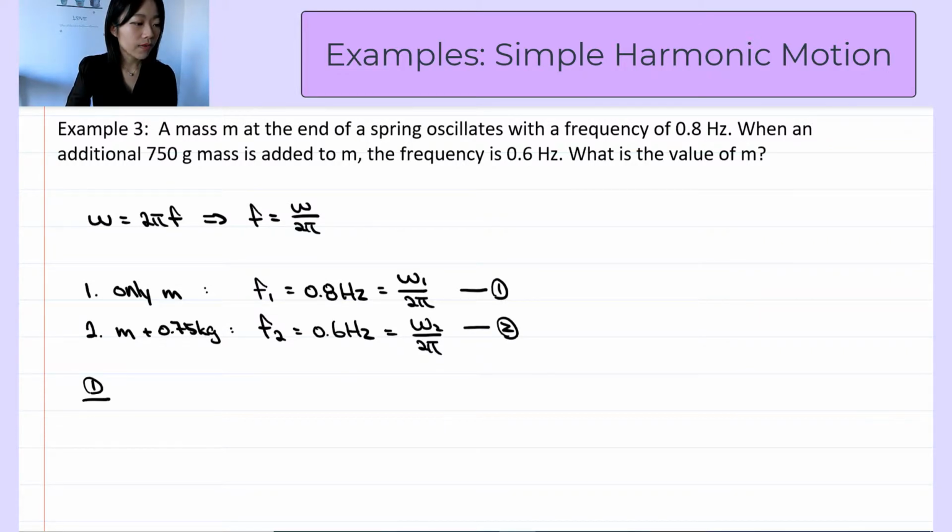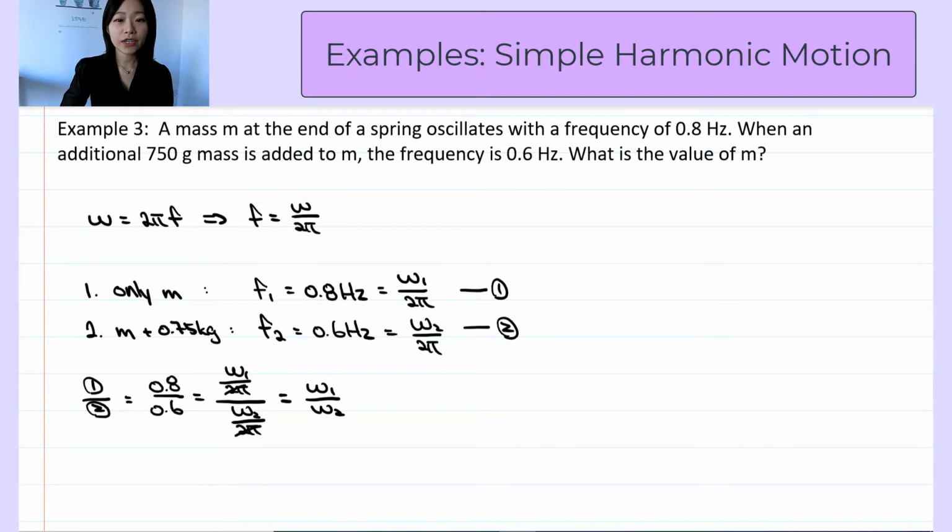Equation 1 divided by equation 2. That is 0.8 divided by 0.6, and it equals to omega 1 over 2 pi divided by omega 2 over 2 pi. The 2 pi can cancel each other out, so we get the ratio is omega 1 over omega 2.